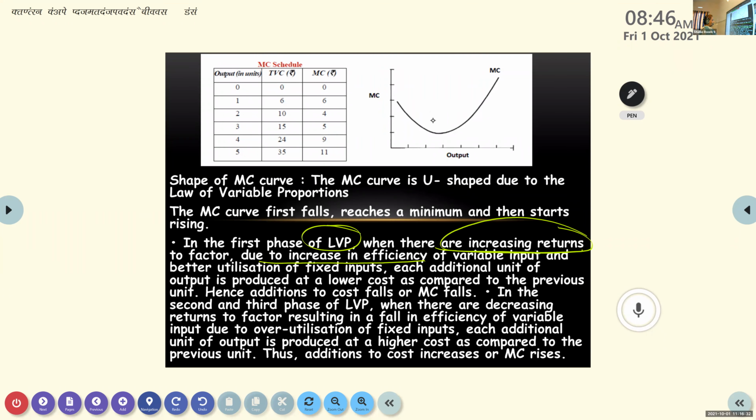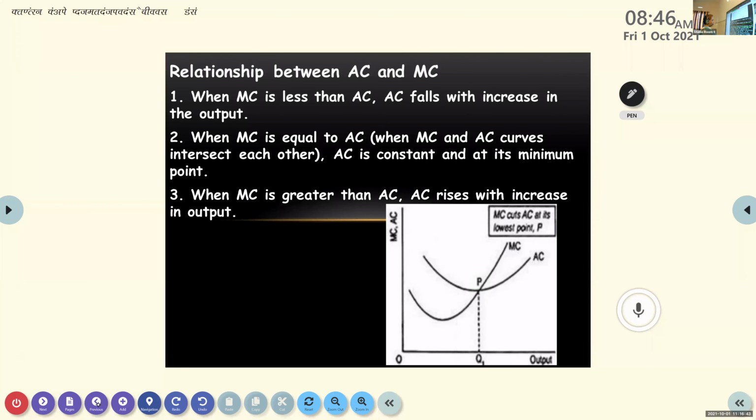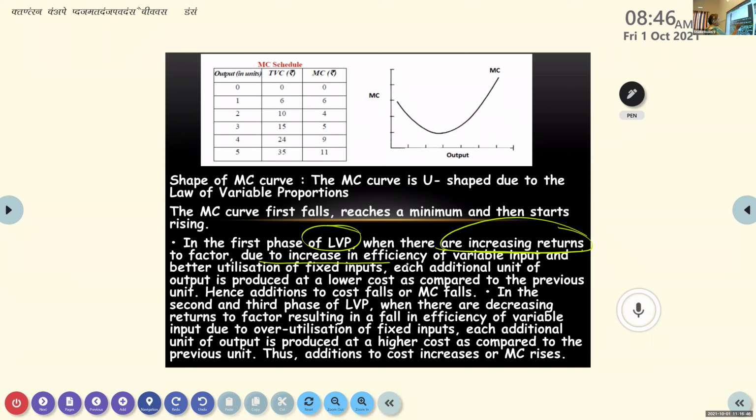Whenever we produce an additional unit of output, cost will be lower compared to the previous one. Because of that, we can see the MC curve falls in the beginning. Once more, in the first phase of the law of variable proportion, we have increasing returns. The returns are very high. If we employ 100% of input, we get 150% of output.